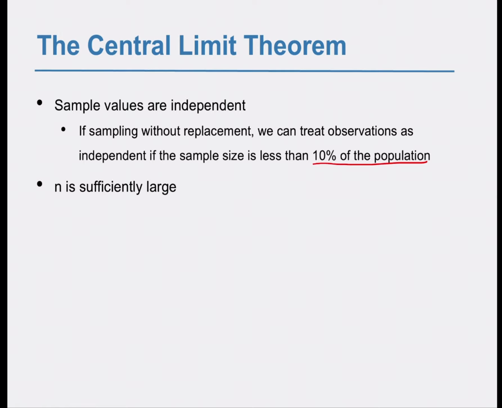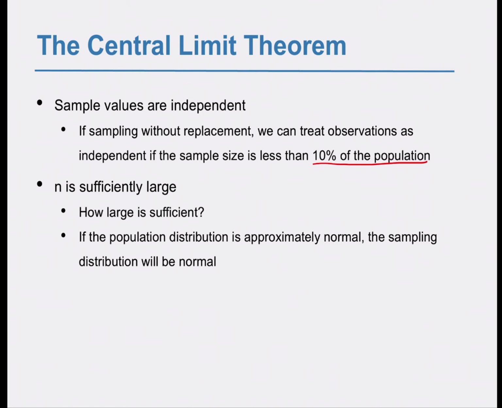And our n has to be sufficiently large. How large is sufficiently large? If the population distribution is approximately normal, the sampling distribution will be normal for any n. So we don't have to check the size of n if our population distribution is approximately normal.